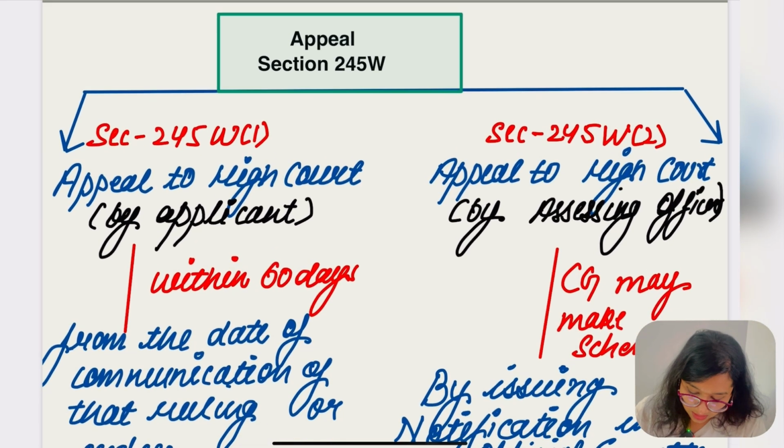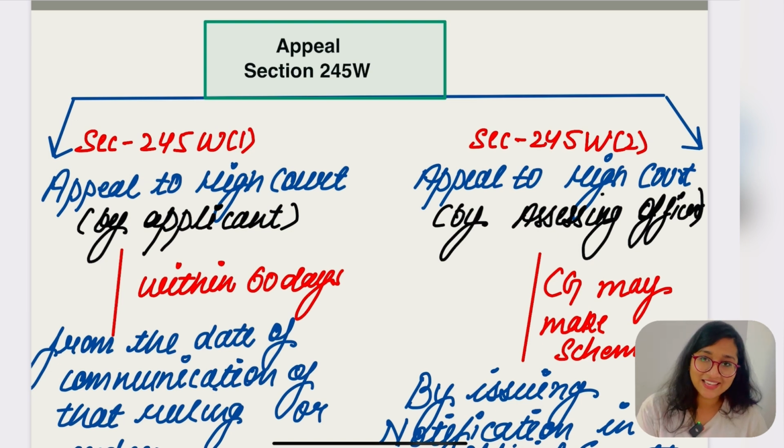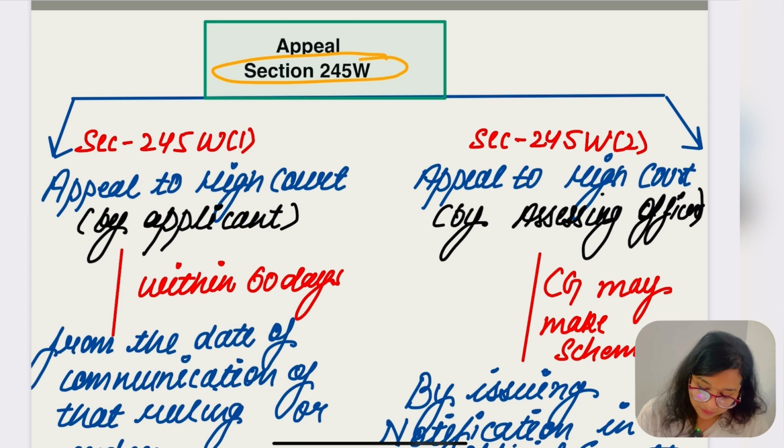Is it clear? Now once the order is passed by the AAR, the authority for advance ruling, and the applicant is not satisfied by the order of the AAR, then the applicant can go for further appeal. Yes, under section 245W, the person can go for appeal, but to whom?